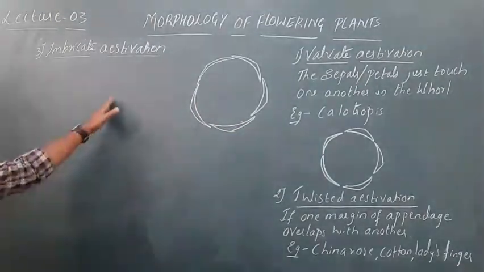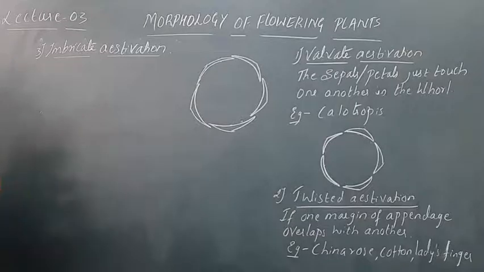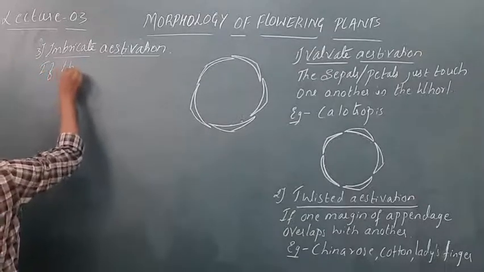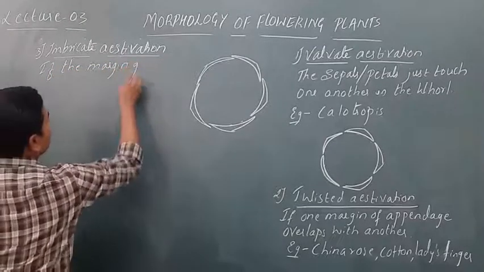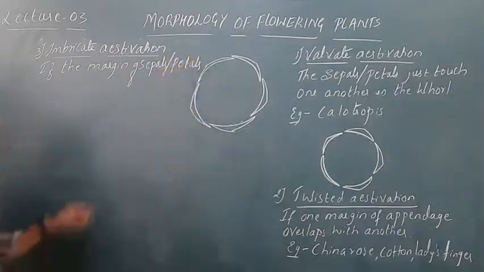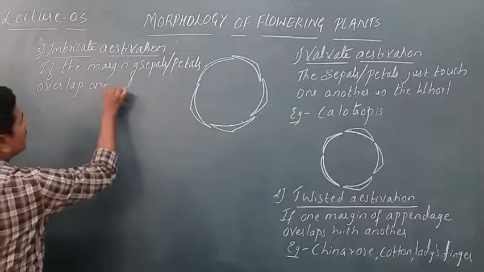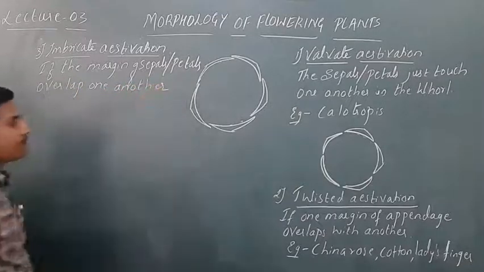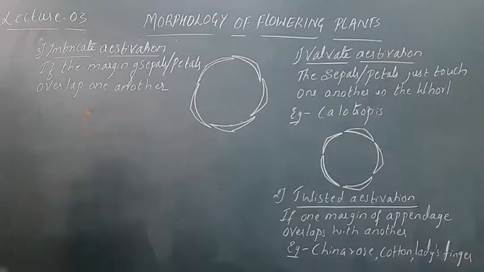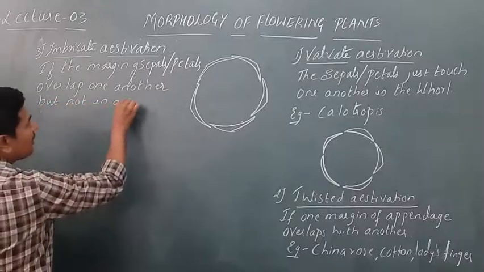So how is this type of aestivation? Let us see how we frame the definition for it. So here, the margin of sepals or petals overlap one another, but not in any particular direction.